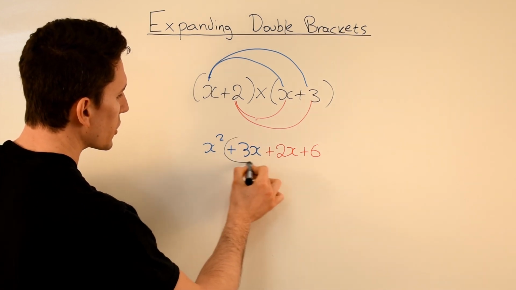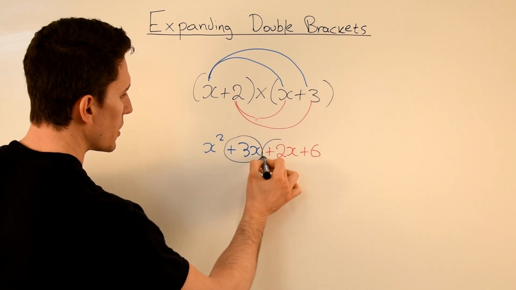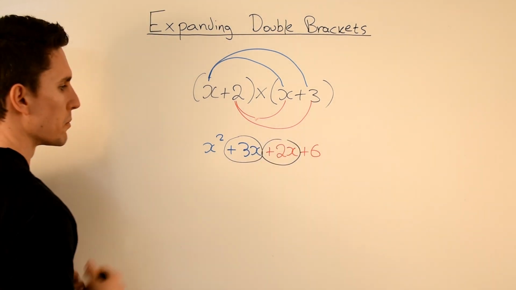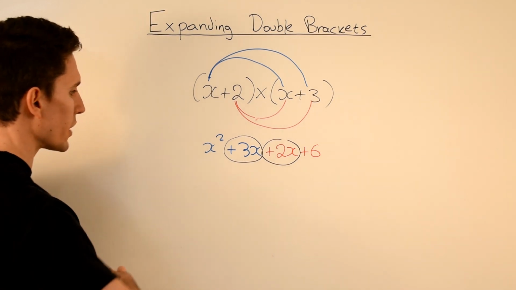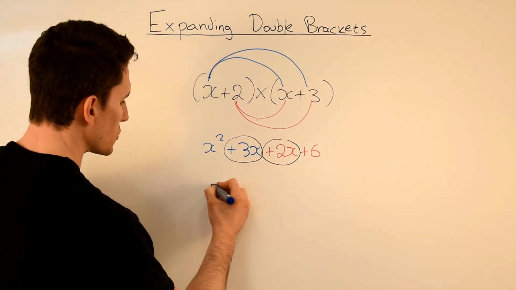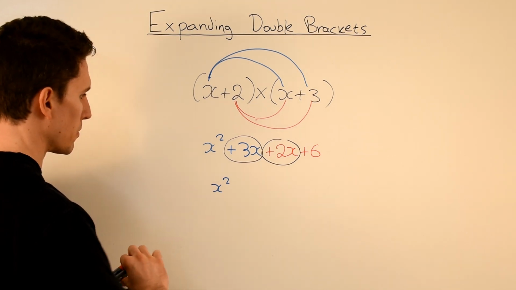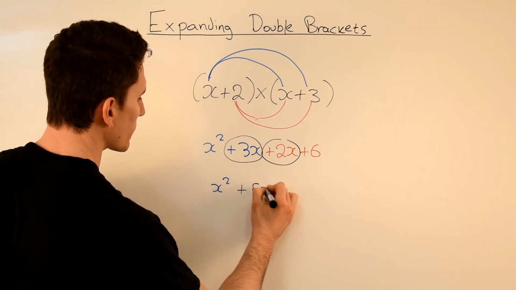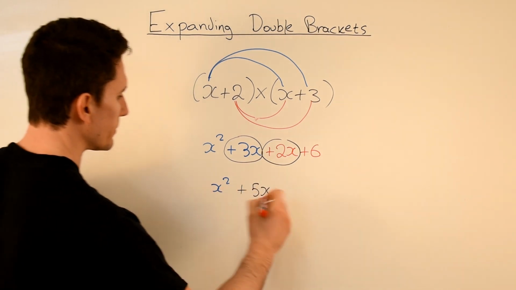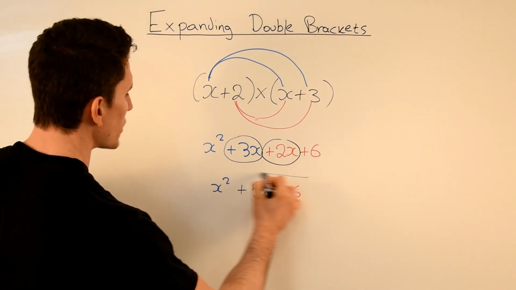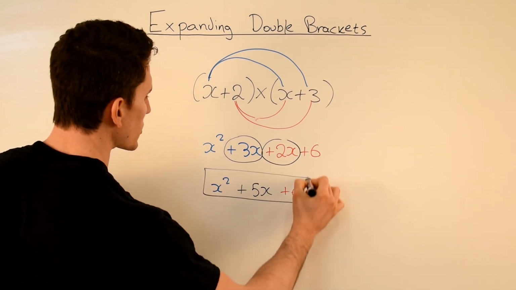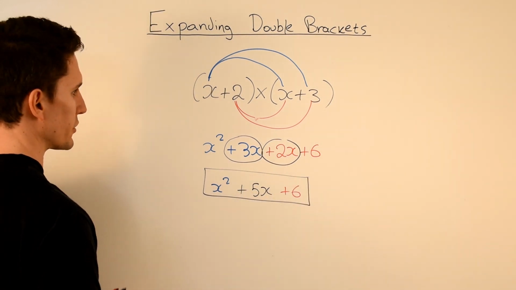So we can collect like terms here because 3 lots of x plus 2 lots of x will give us 5 lots of x. Therefore, the answer here will be equal to x squared plus 5x plus 6. So the expanded version of the double brackets we've been given is x squared plus 5x plus 6.